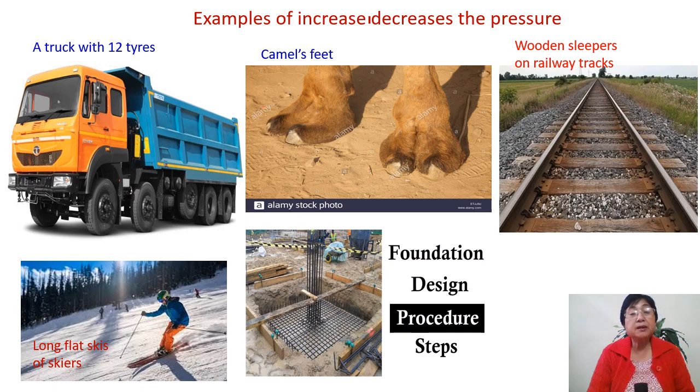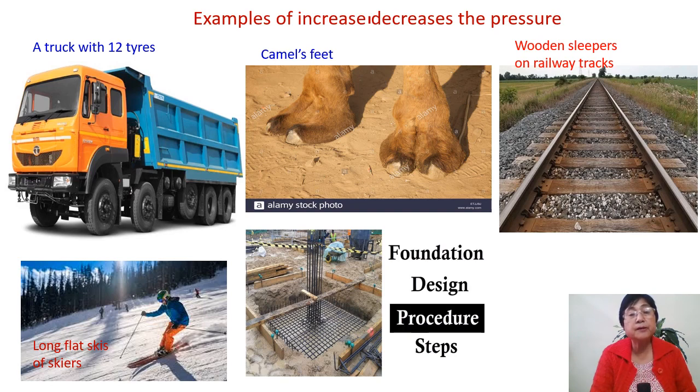And where will the pressure of the truck be, if there are only 4 tires? It will be on the tires. Hence the tires will puncture because of the weight of the truck. Now, if we have a greater number of tires, like in this case, we have 2 here, 2 here, so 4, and then these are 2, and 2 on the other side, so it will be 8.